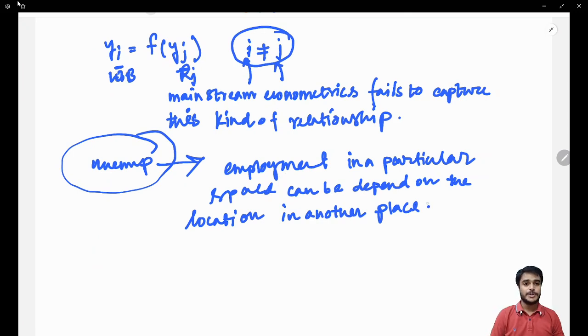It is not captured by mainstream econometrics.